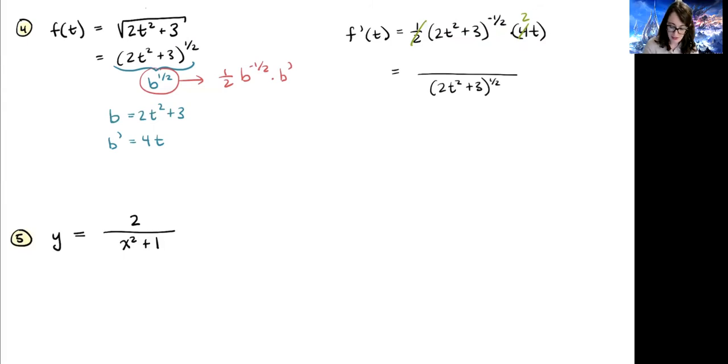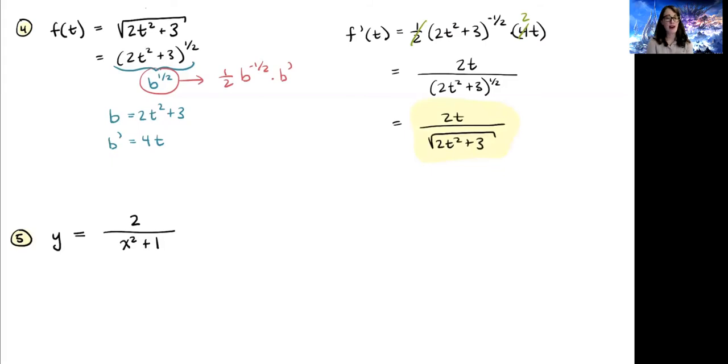The 2t that's left over here does not have a negative exponent on it, so that will stay up top. So we've got 2t over 2t squared plus 3 to the 1/2 power. If you want, you could rewrite this as a radical. So it'll be 2t over the square root of 2t squared plus 3. And there is f prime of t.